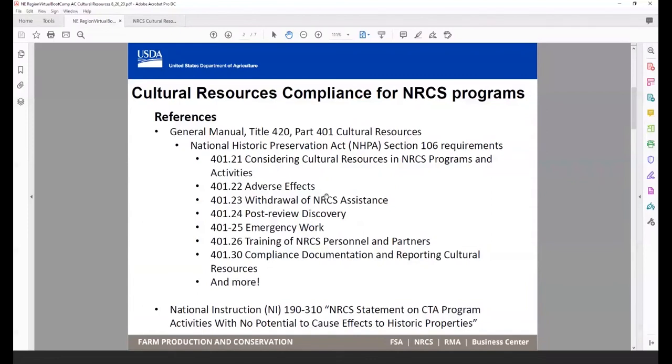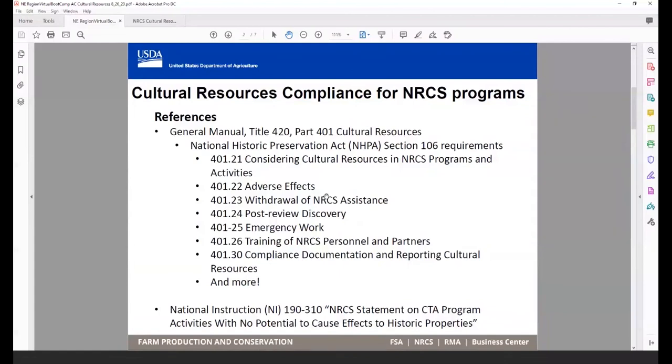Every state has a process in place for doing this evaluation. From there, it goes into withdrawal of NRCS assistance. So if there's absolutely no way that the producer is willing to manage what they have planned for and be respectful of cultural resources, then we have every right to walk away.